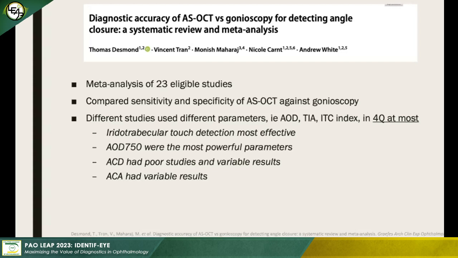Anterior chamber depth had poor studies and variable results. Anterior chamber angle had variable results because, as you saw previously, even if you have a narrow angle, a 20-degree angle or even less, it does not necessarily mean that the angle is closed. It just might be narrow.